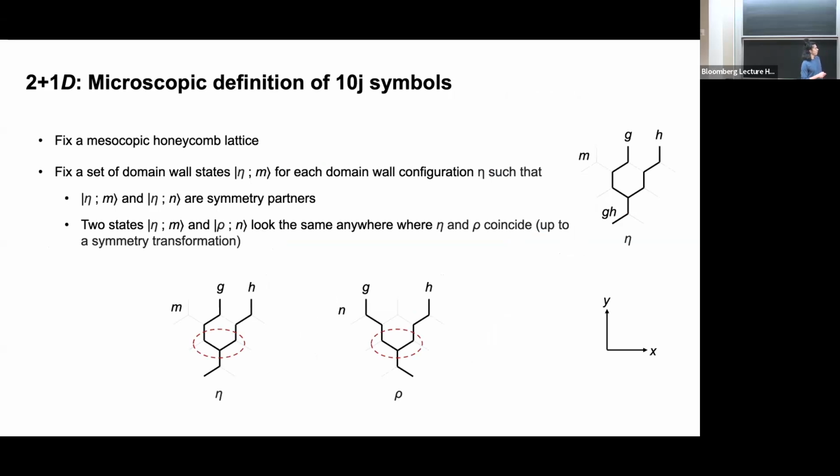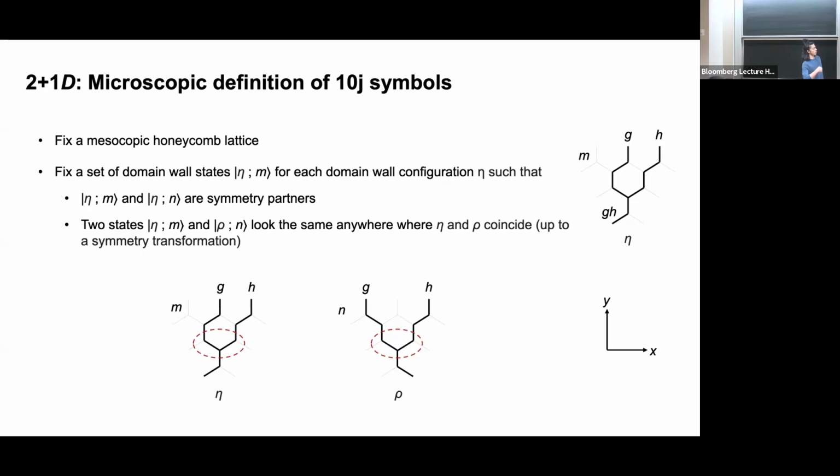So we start by fixing some mesoscopic honeycomb lattice in our 2 space dimensions. And we also fix some domain wall states for every possible domain wall configuration, which we'll call eta. So eta is just some configuration of domain walls.